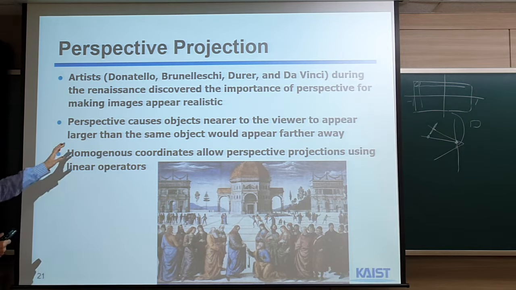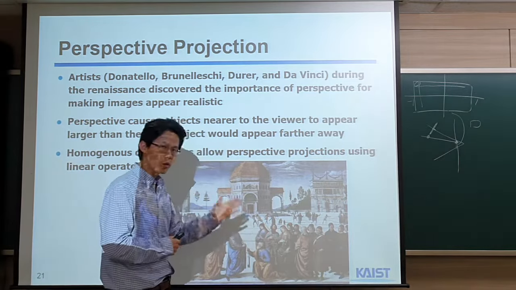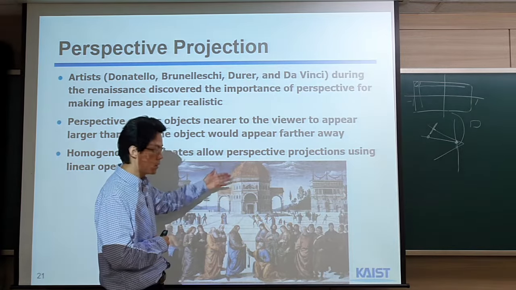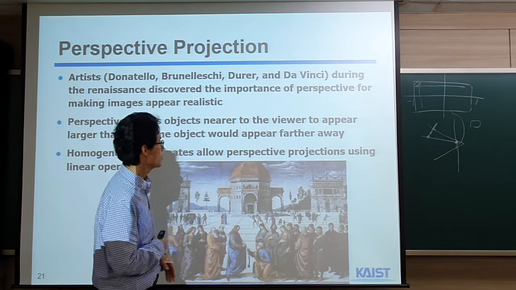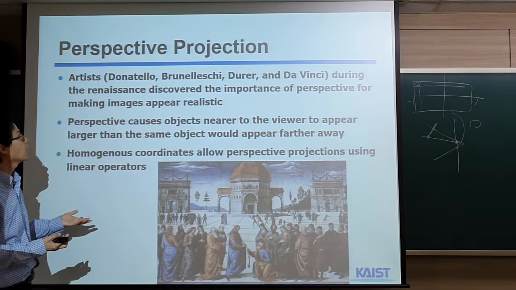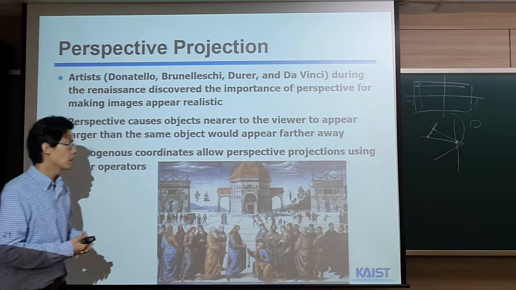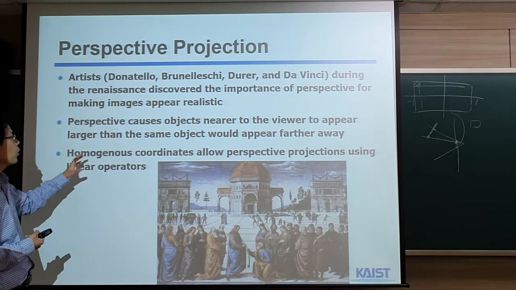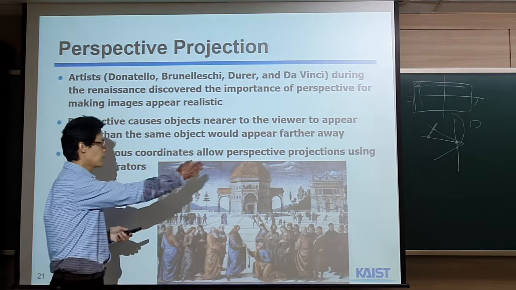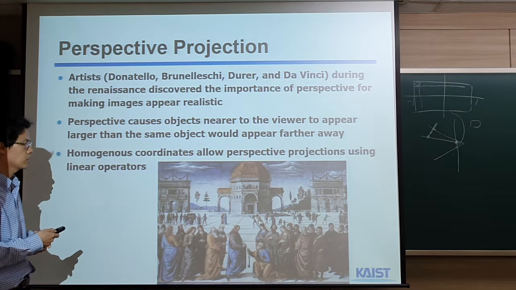It's nothing but that an object located close to you looks bigger, and an object located far away from you looks smaller. So with perspective projection, we want to realize this concept, and you will see that the homogeneous coordinates that we introduced before will allow you to do perspective projection using a linear operator. It's nothing but a matrix operation.